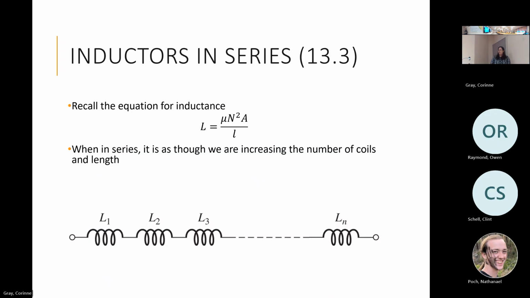So, right, we're increasing the number of coils, so N goes up, L goes up, but N is squared, so that goes up better. What do we think is the same for these? And why?